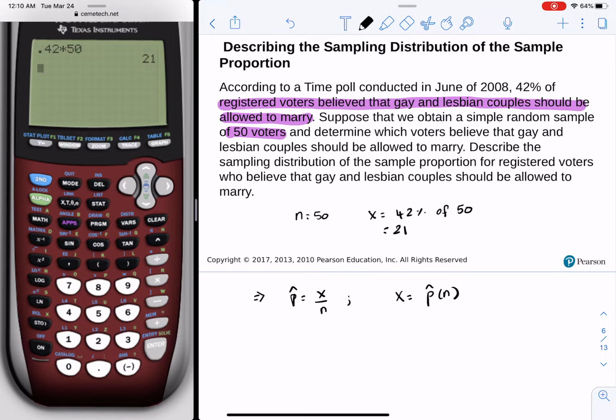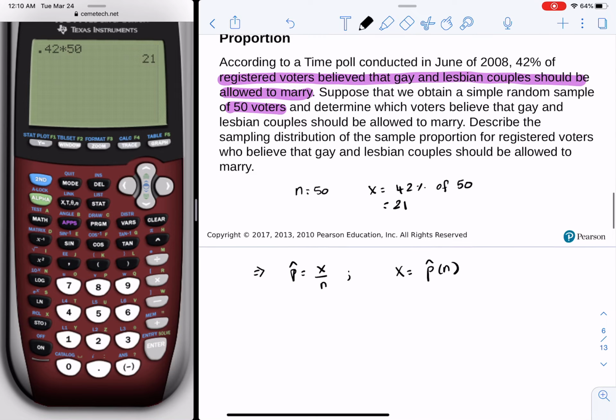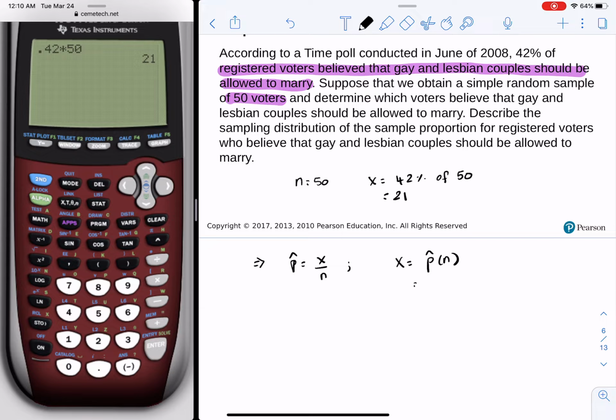All I did is multiply both sides by n. So that gives us 0.42 multiplied by 50, and that was 21.